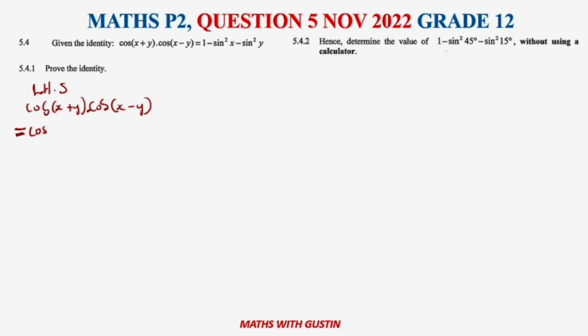So it's going to be cos x times cos y, minus sine x multiplied by sine y. Therefore this is all in bracket because this is from this part right here. It gives us that.